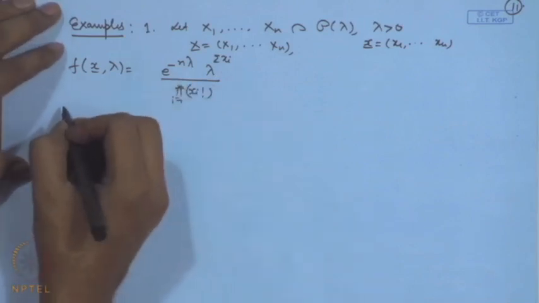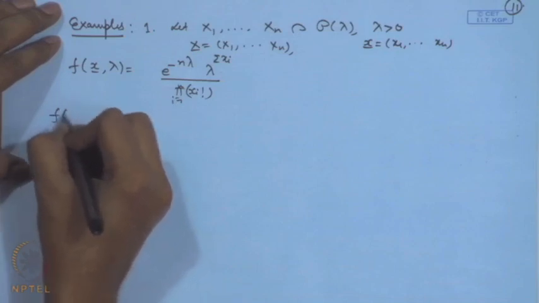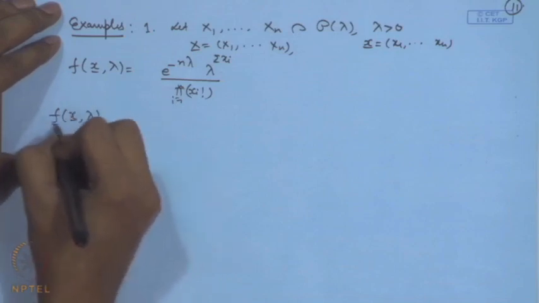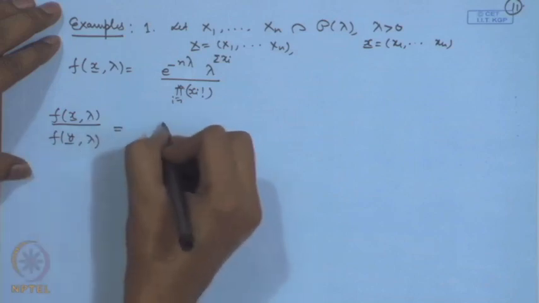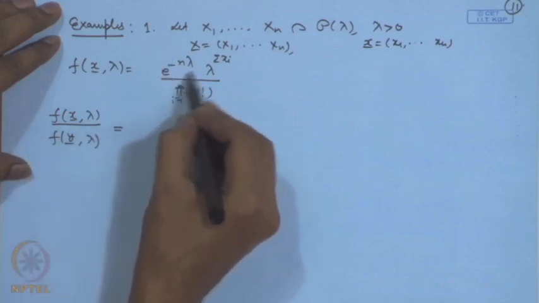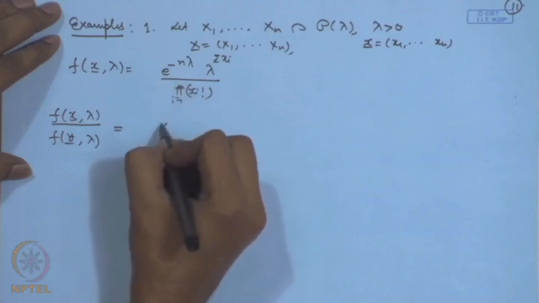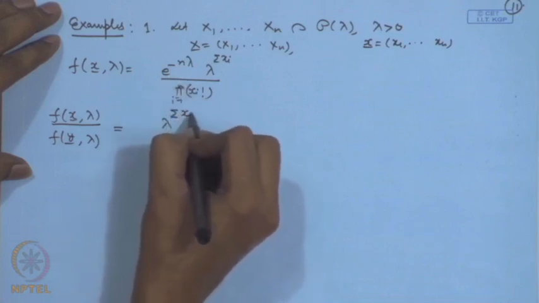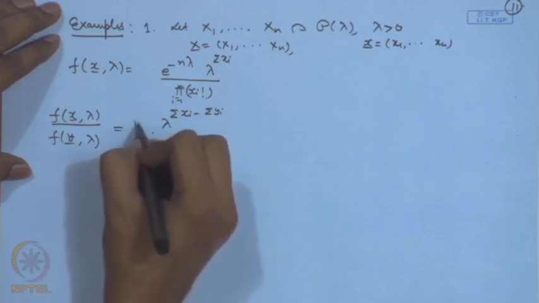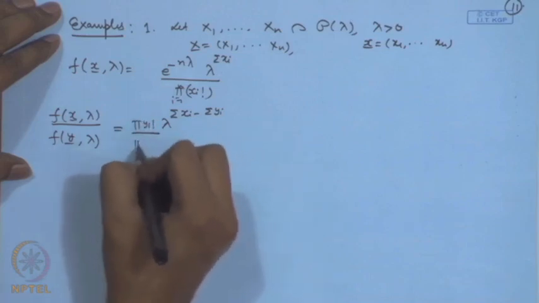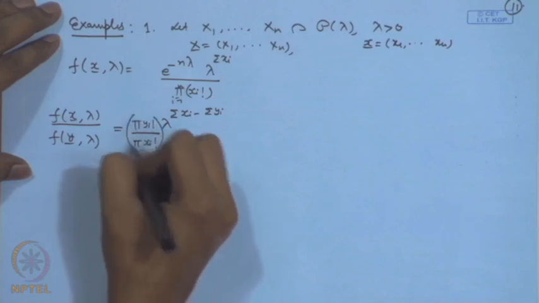So, let me consider the ratio f(x, lambda) divided by f(y, lambda), then that is equal to e to the power minus n lambda will cancel out. We will get lambda to the power sigma x_i minus sigma y_i, and product of y_i factorial divided by product of x_i factorial.